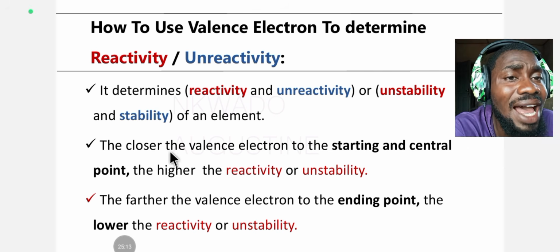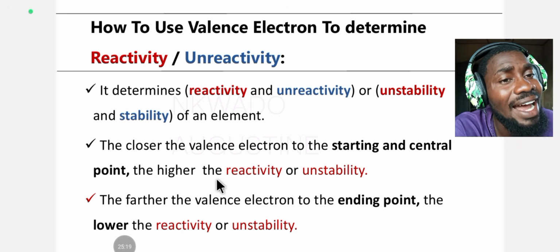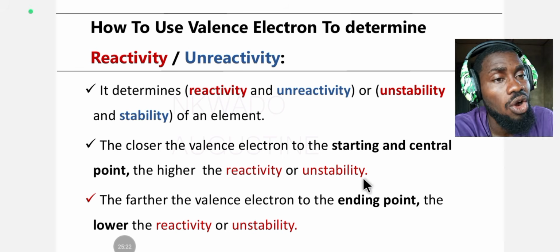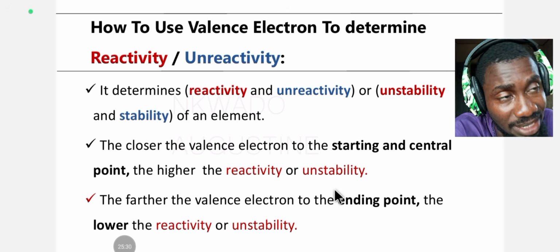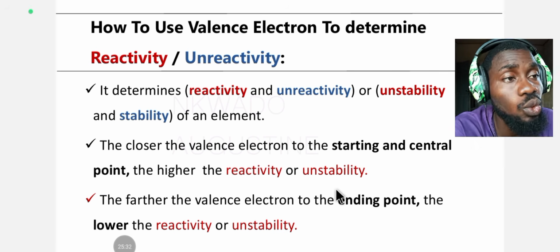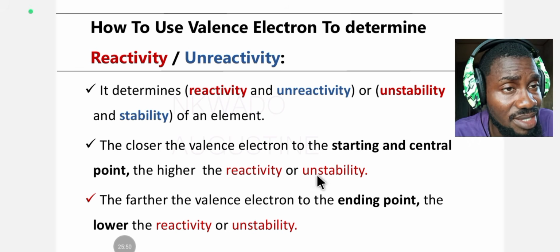The closer the valence electron to the starting and central point, the higher the reactivity and instability of the element. When an element is unstable, that shows that the element is highly reactive, ready to donate or accept electrons.